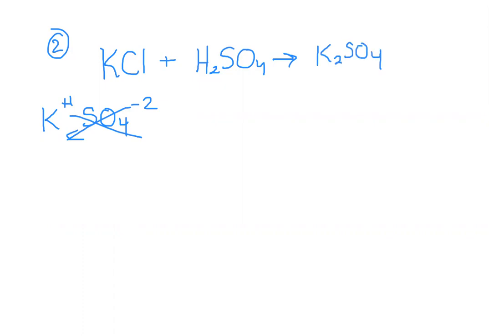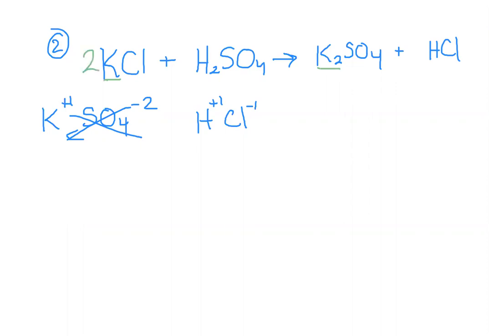And now our hydrogen is going with our Cl. Hydrogen has a charge of +1 and chlorine has a charge of -1. So that becomes HCl. Now we've got to balance it. 1 potassium, 2 potassiums, let's put a 2 there.